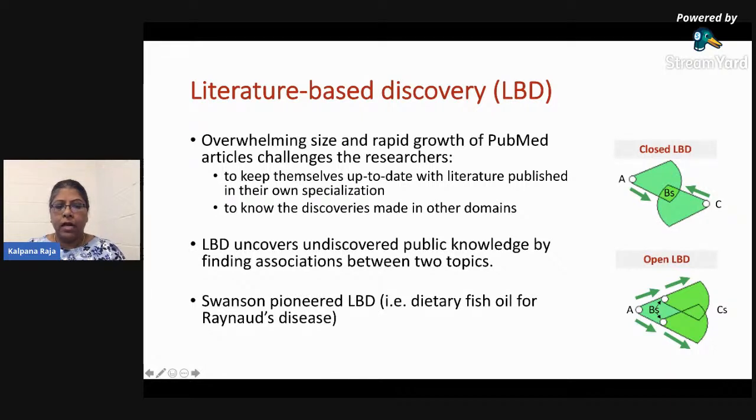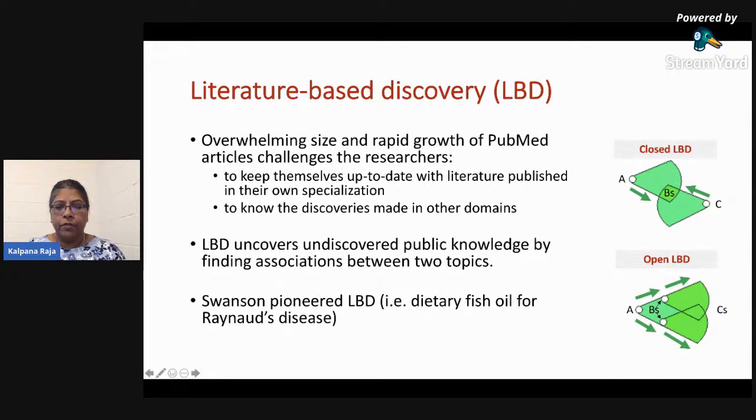LBD uncovers undiscovered public knowledge by finding the association between two topics that are otherwise unrelated. Don Swanson pioneered LBD. He found dietary fish oil for Raynaud's disease.